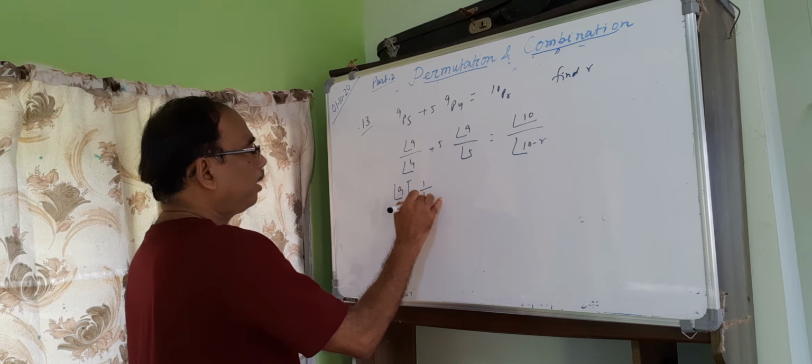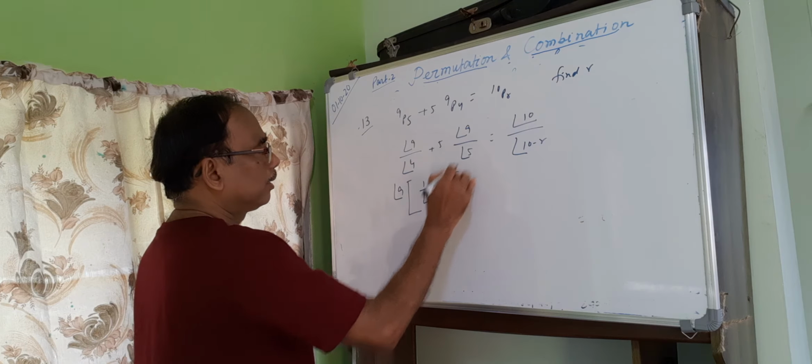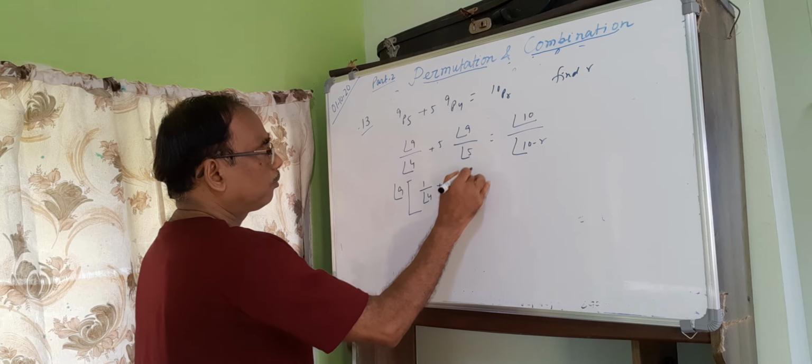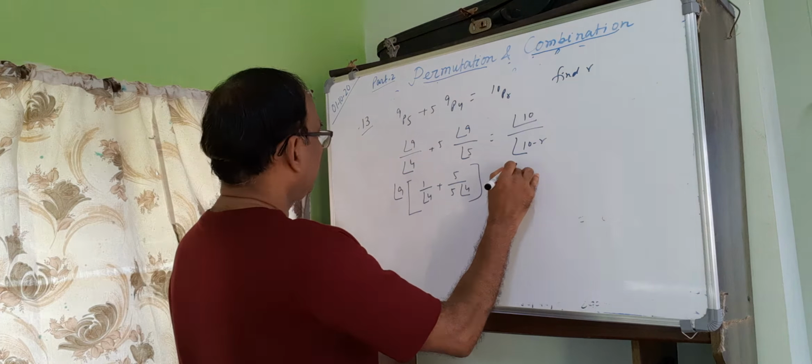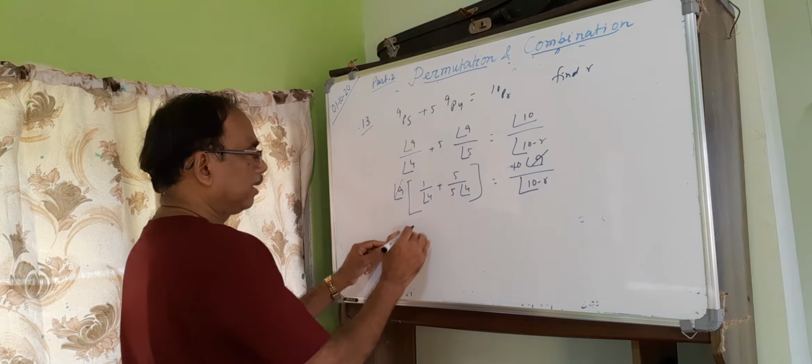We can take 1 by factorial 4 plus 5 by factorial 5. We can write 5 into factorial 4 equals factorial 10. We can write 10 into factorial 9 by factorial 10 minus r. Factorial 9 cancels.